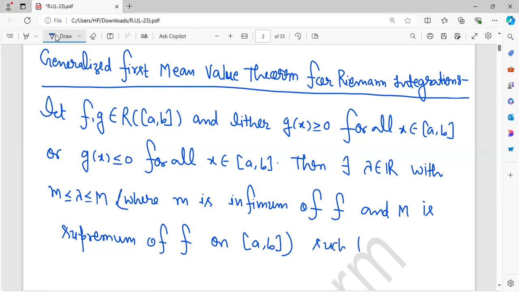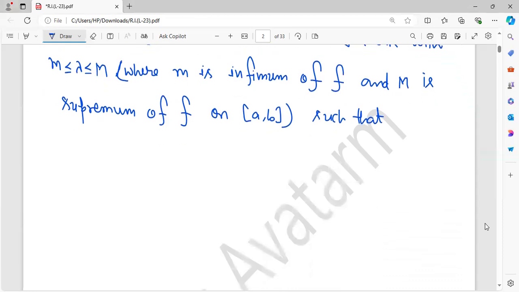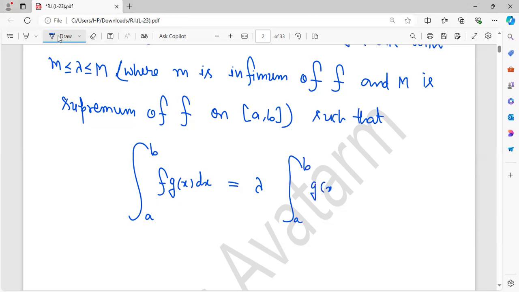Such that there exists lambda belonging to R, lying in between the bounds of the function f, such that the integral from a to b of fg(x) dx is equal to lambda times the integral from a to b of g(x) dx.